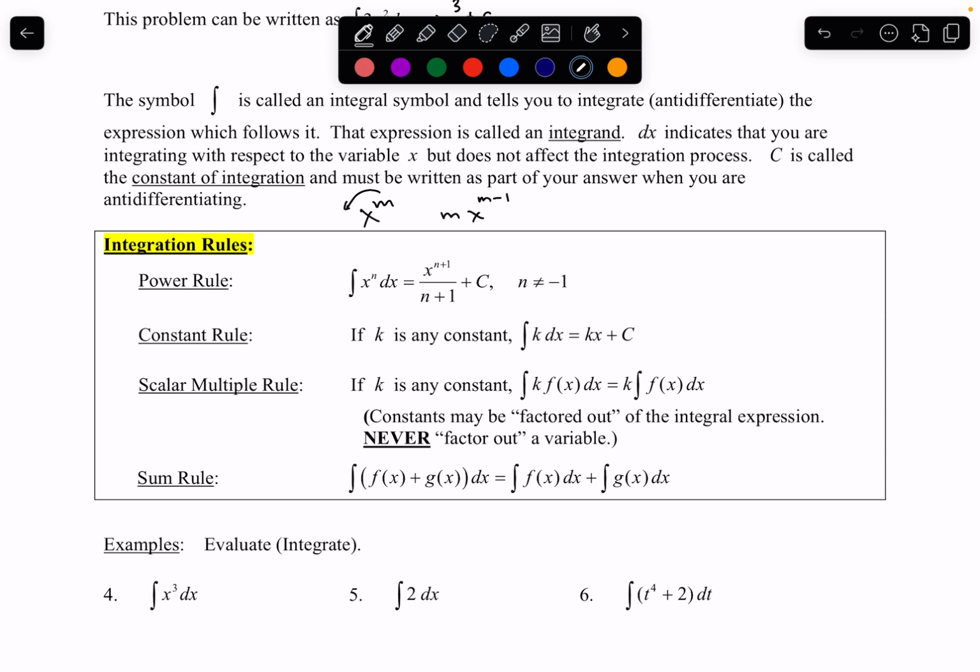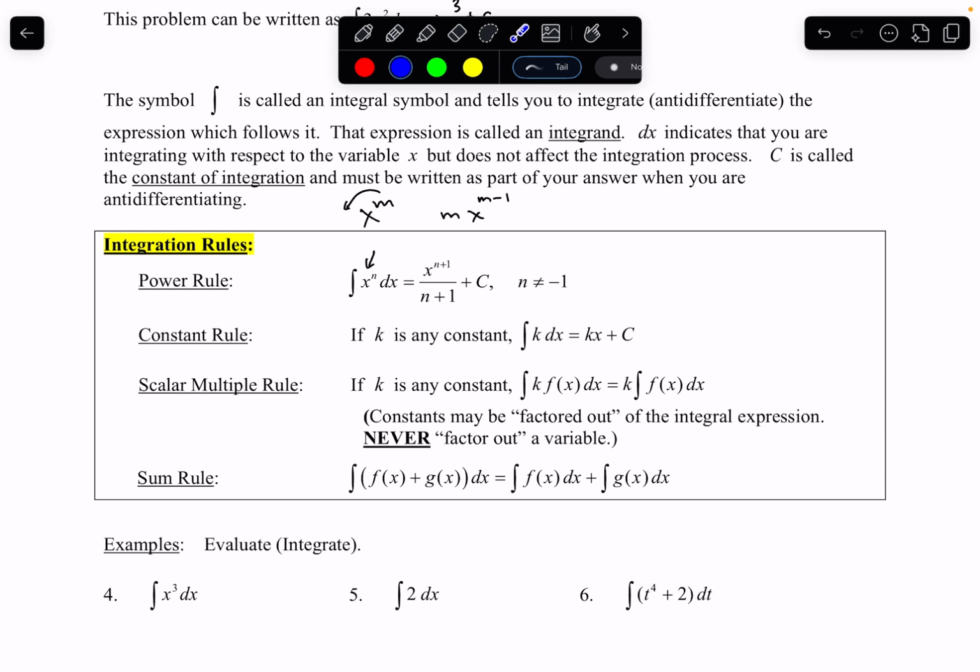When I do the antiderivative, I go backwards. So when I do the integral of x to the n, I raise the n by 1. That's why this says x to the n plus 1. And instead of multiplying by that exponent, I divide by that exponent because I'm undoing the derivative. I'm doing the opposite. I don't subtract 1 and I don't multiply.